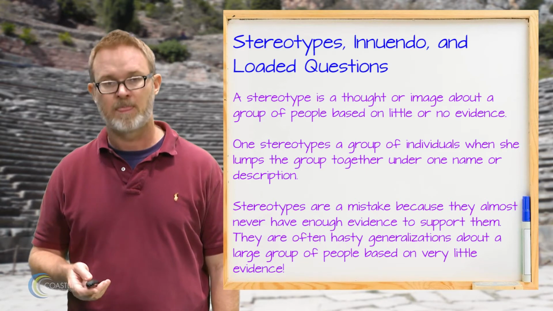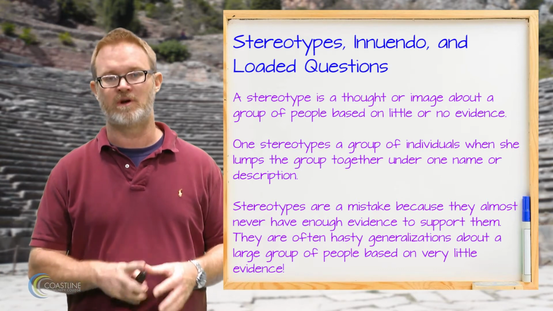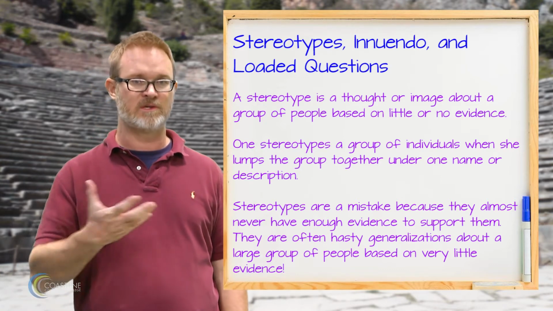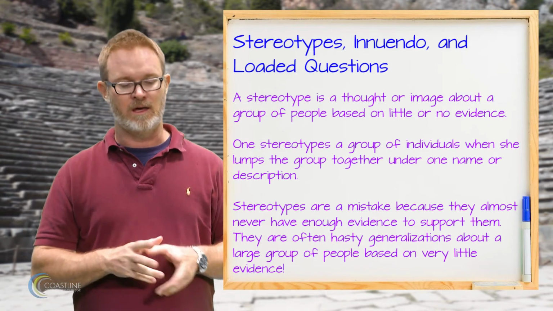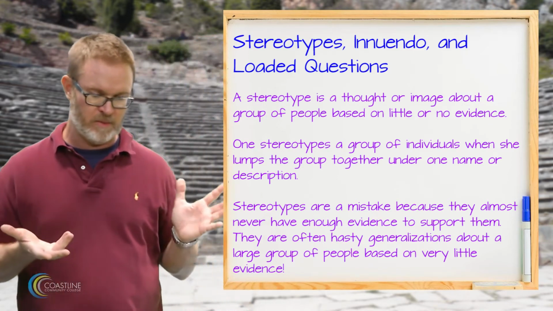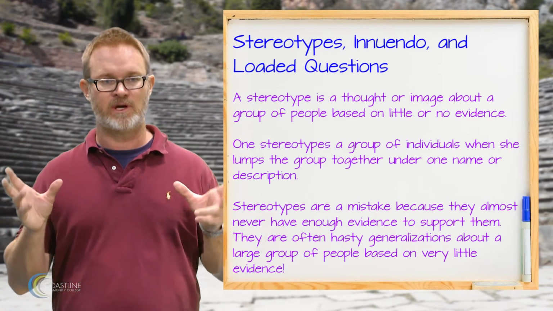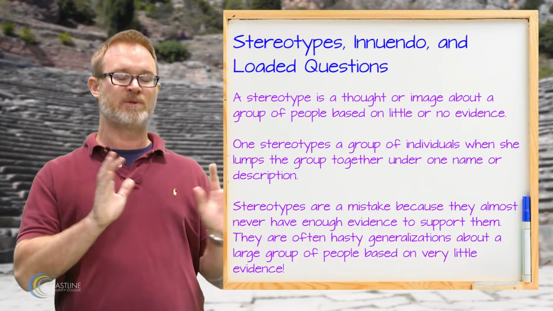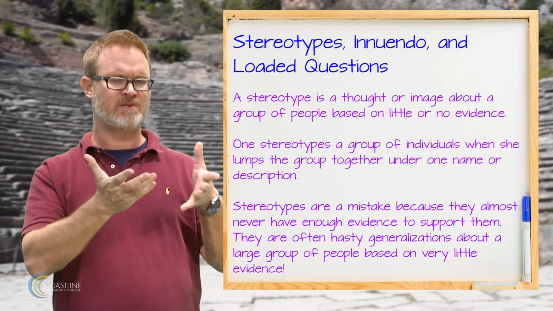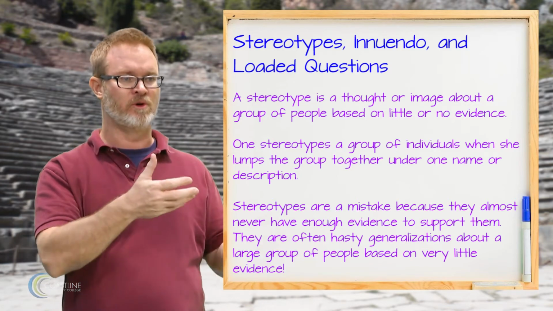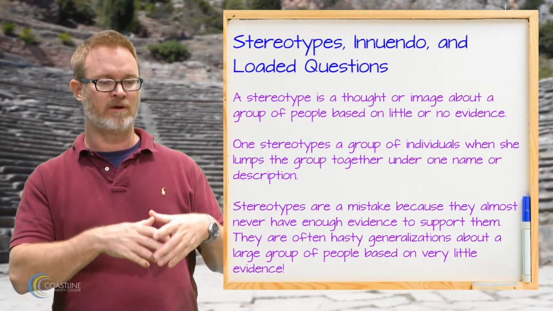Okay, the next rhetorical devices that we're going to look at are stereotype, innuendo, and loaded question. Now, stereotype, I think everyone is pretty familiar with in general. Stereotypes are prejudices, biases toward an entire group of people. The way to put what a stereotype is and what it does is that it's a kind of hasty generalization. Usually what happens is that maybe you see someone of a particular group doing something strange, and then you see someone else from that group doing the same thing.